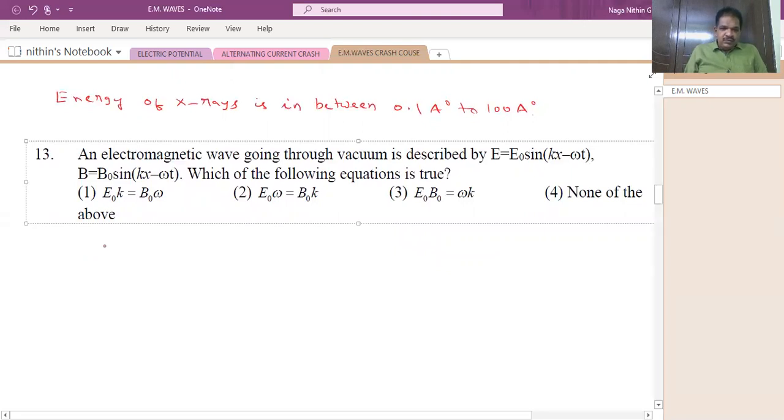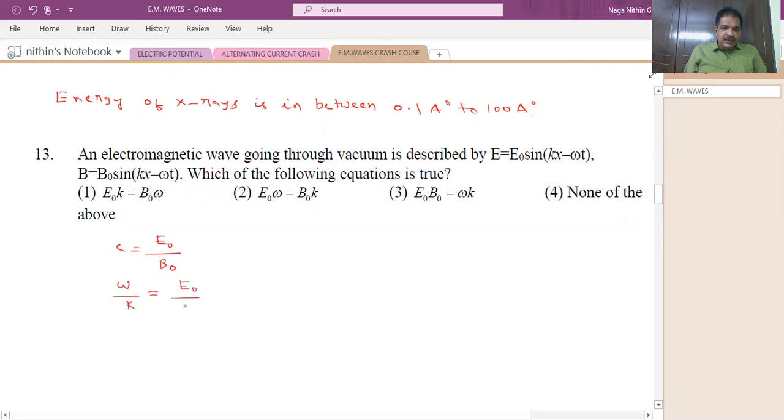Already we know C is equal to E naught by B naught, and C is equal to omega by k. Now why is C equal to omega by k? Omega value will be 2 pi f.